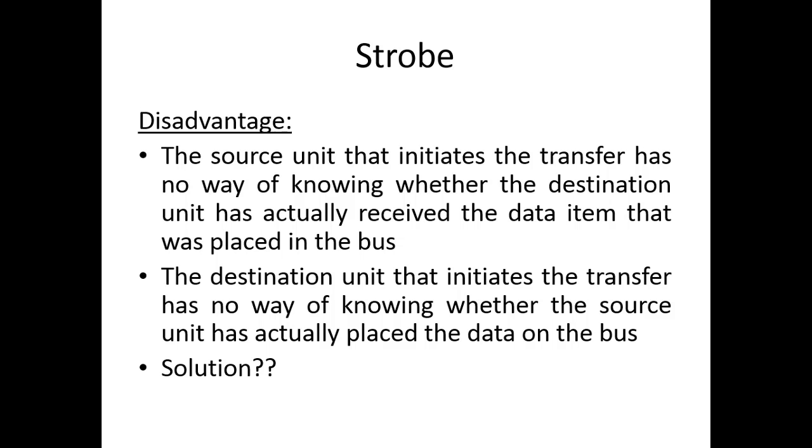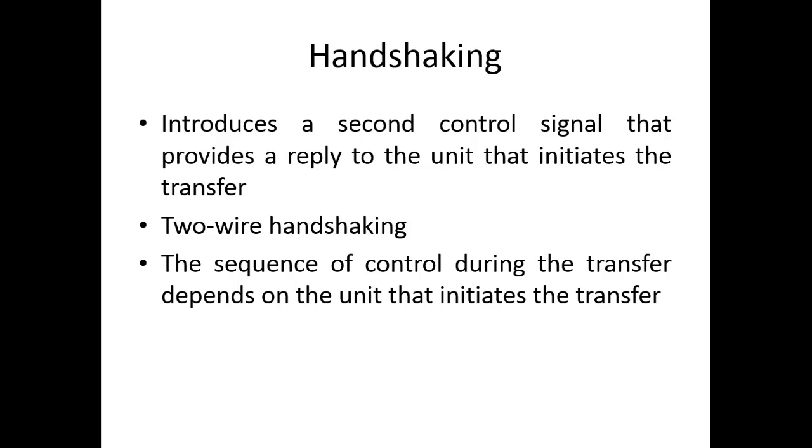The solution of this problem can be given in the form of handshaking, which is actually the extended version of strobe control mechanism. So handshaking includes a second control signal that provides a reply in the form of an acknowledgement to the unit that initiates the transfer. As here two control signals are used, this mechanism is called two-wire handshaking.